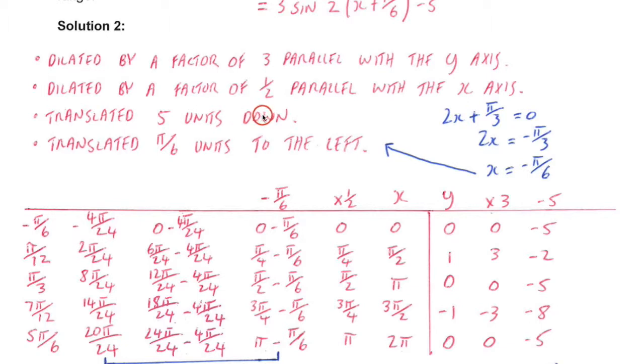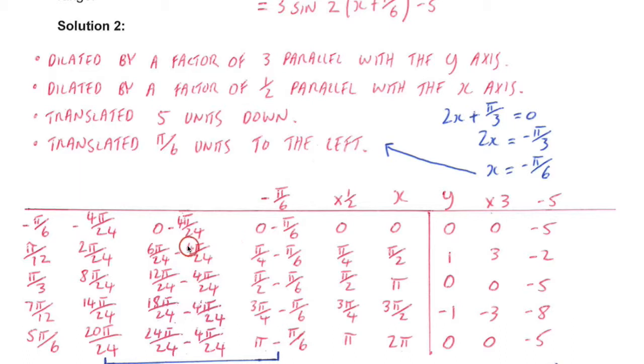Translated 5 units down, so I take this result and I subtract 5 from it. And there are my final y values that I'll put on my axes. And translated pi on 6 units to the left, so I subtract pi on 6 from the x values. So I'm subtracting pi on 6. Notice that my next column is just basically trying to get everything together in a way that makes sense to me.